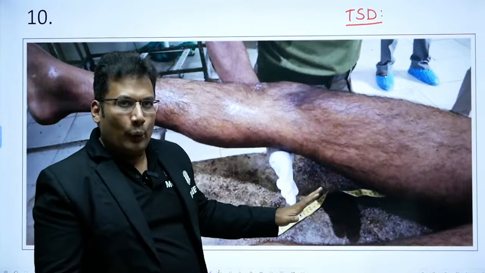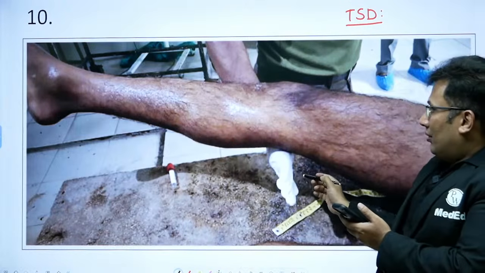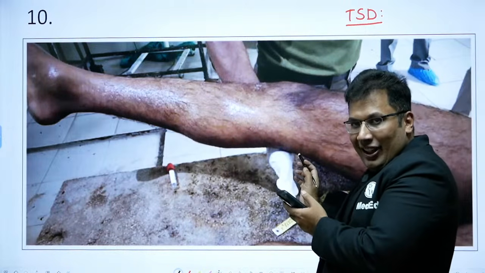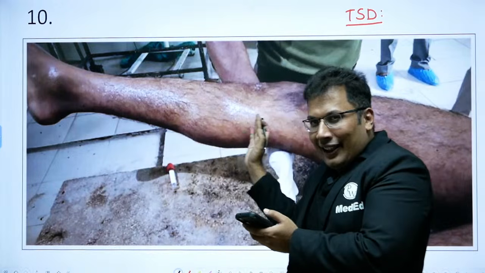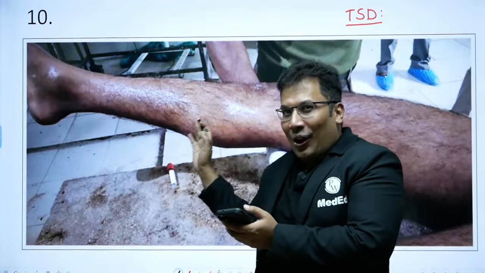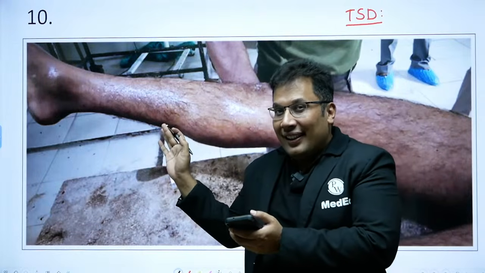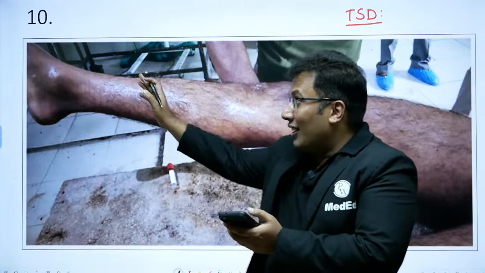So we are in the postmortem room. Here the hand of the examiner, and you can see the leg. The soleus muscle, all the hamstrings, all the muscles of the leg showing very strong rigor mortis, involving fingers and toes as well.